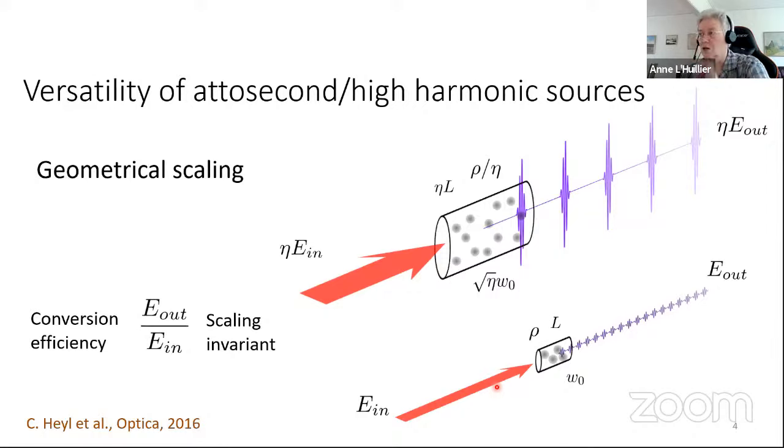But then, to keep your conversion efficiency reasonable and the same as before, you need to have a small medium and a high pressure. This is impossible to have with a cell. So this is why we have a jet with a very small aperture and a high pressure.